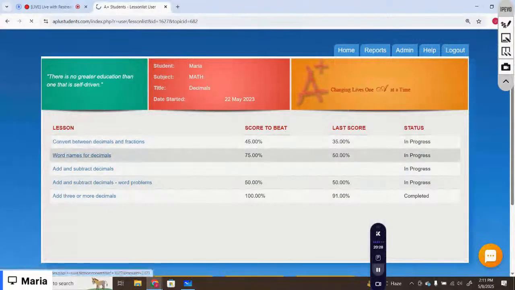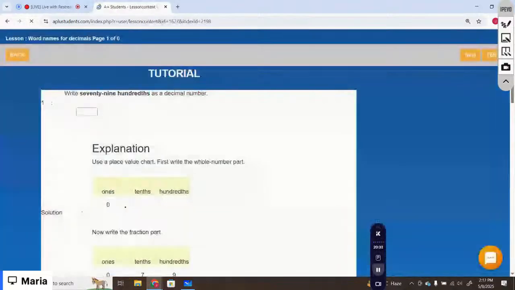Word names for decimals. Write 79 hundredths as a decimal number. So we have to make a place value chart. That is ones, then tenths and hundredths.